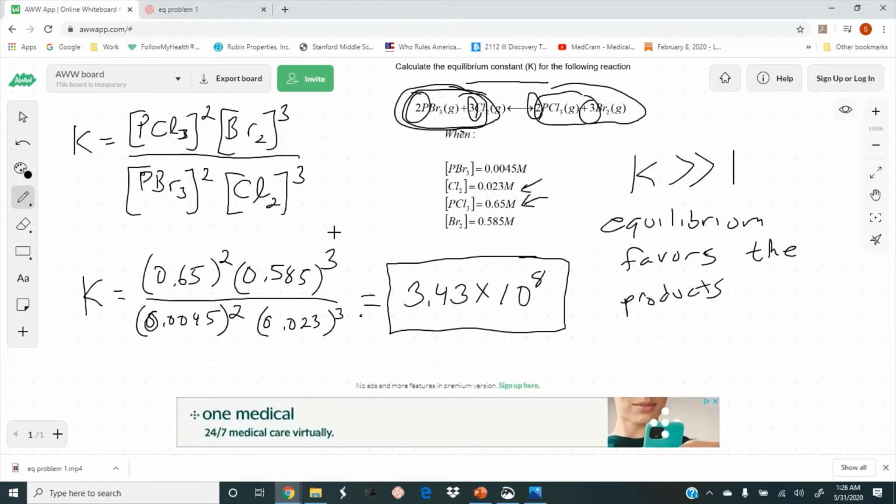Because at equilibrium, you're going to have much more products than reactants. Even though it doesn't seem like 0.65 and 0.585 is so much bigger, it's much bigger than 0.0045 and 0.0023. When the equilibrium constant is much smaller than 1, not just smaller than 1, much smaller, then it favors the reactants. Reactants are favored.